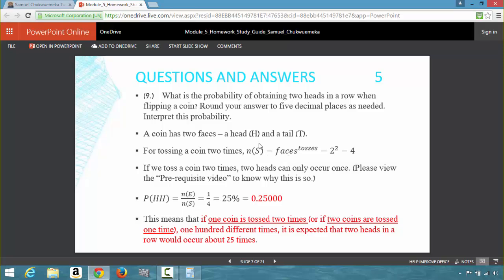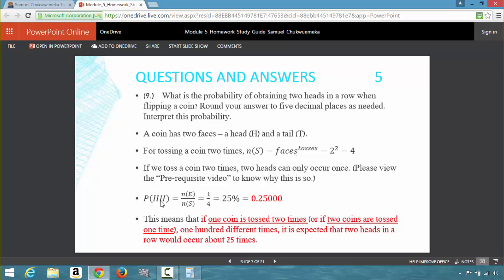A coin has 2 faces, so that is 2 exponent. You toss it 2 times, so that is 4. So the sample space is 4. And in the prerequisite video, I showed you how to get it, because you can have head, head, head, tail, tail, head, or tail, tail. So the sample space is 4.